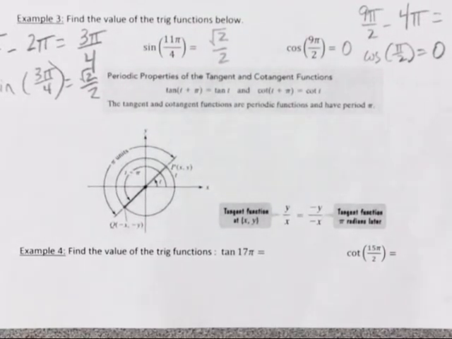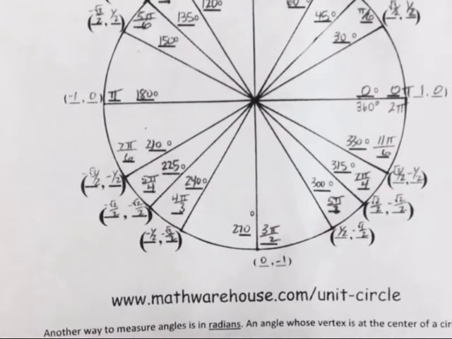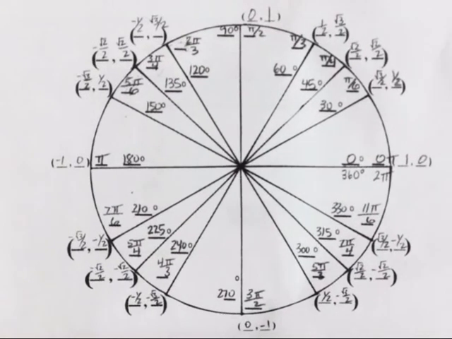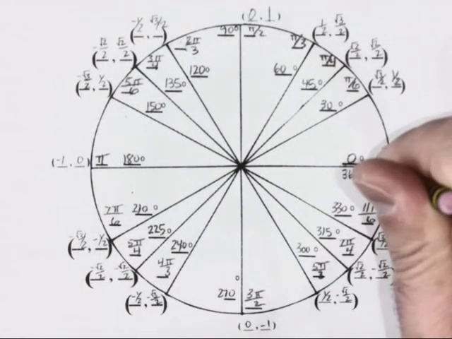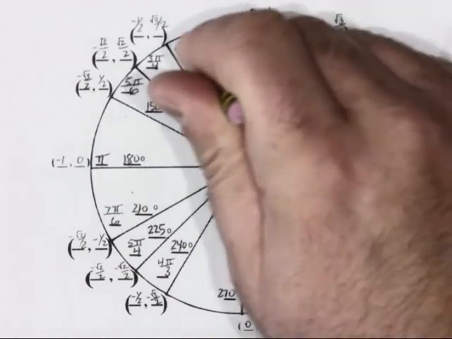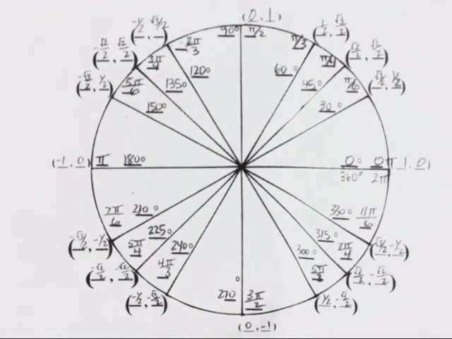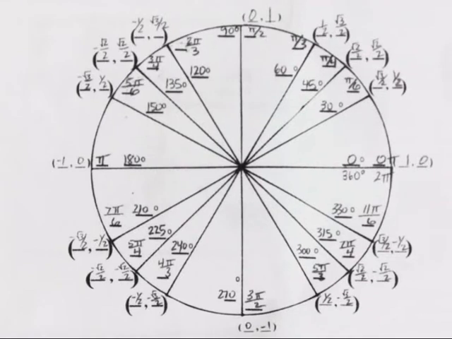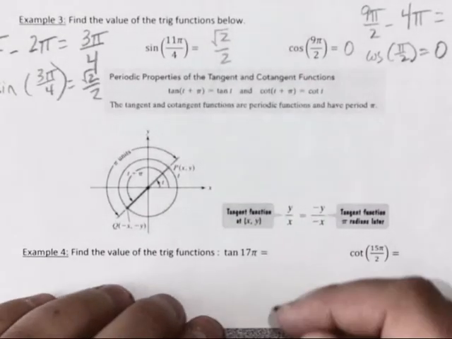If I look at tangent of 17 pi, I know that 16 pi would be 8 rotations, and then 17 pi would be this half rotation, which would put me at pi. Tangent is sine divided by cosine, so that's 0 divided by -1.